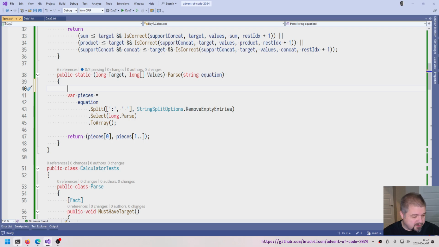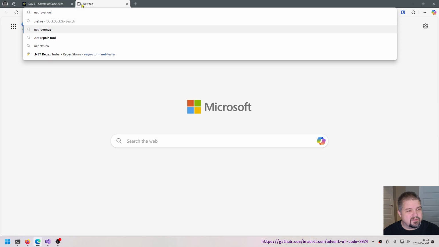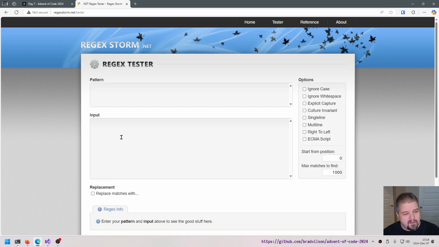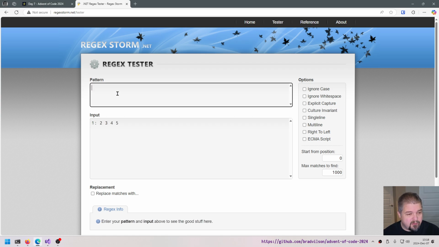And our regex would look, let's go back to our .NET regex tester. There you go. And if we had 1, 2, 3, 4, 5, right? So we know from a regex perspective, what we want is at least 1 digit, right? And then we want a colon, and then we want a space, and then we want at least 1 digit.